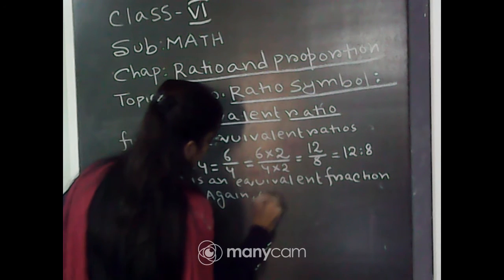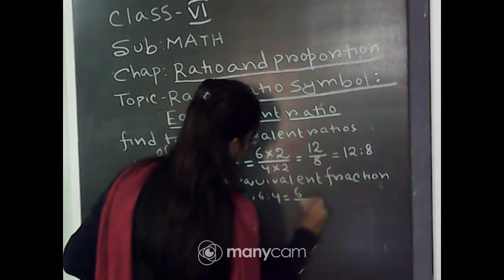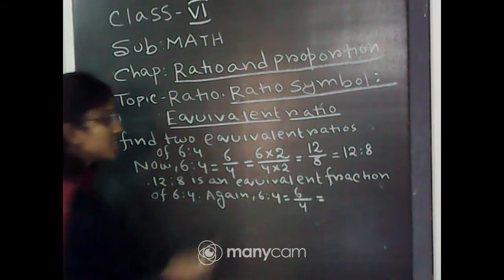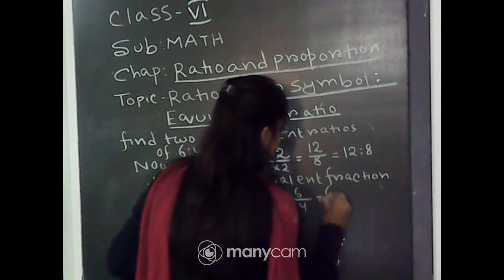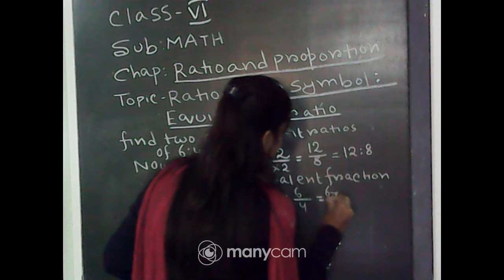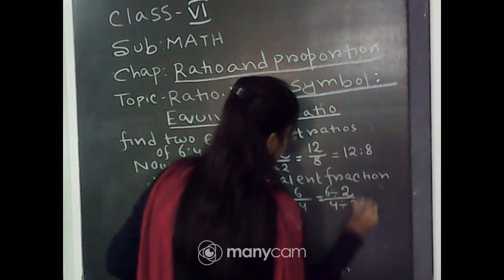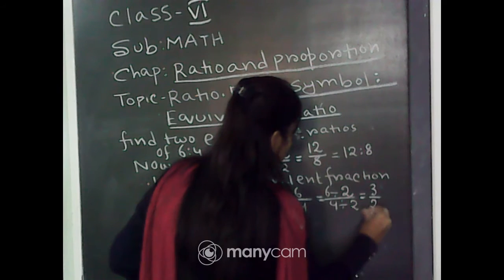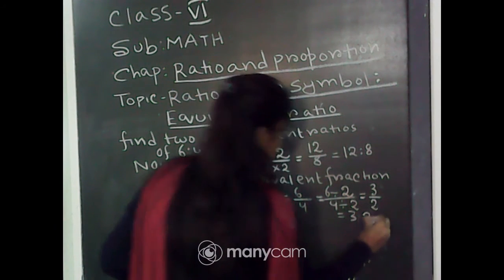Again, 6 is to 4 is equal to 6 divided by 4. Now, we divide both the numerator and the denominator by 2 and we get 3 divided by 2, that is 3 is to 2.